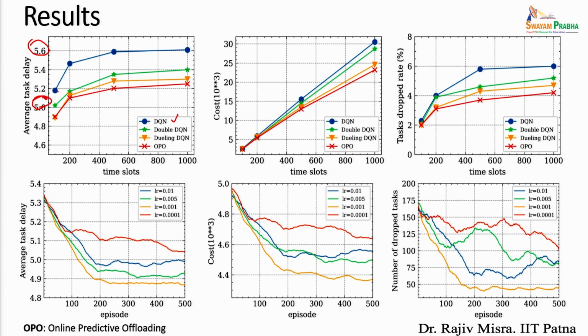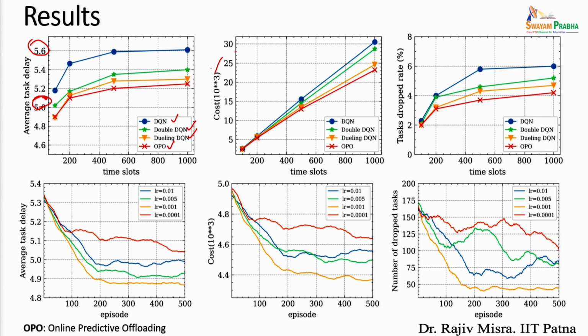And in between, that means it is much better than dueling DQN and double DQN. So, you know that the online prediction algorithm is much better, even than applying the other sophisticated DQN models, that is, DQN and double DQN.